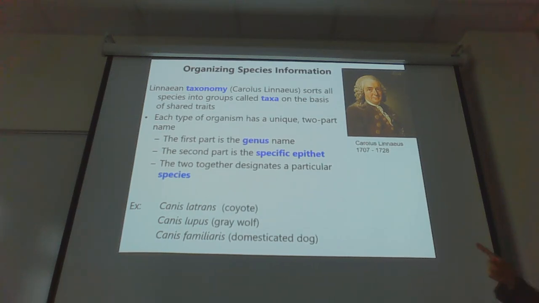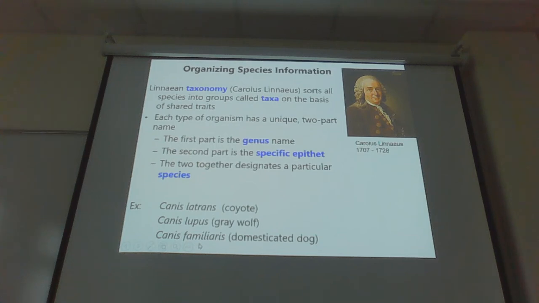They say Canis latrans. That's the scientific name. They identify the very species. A gray wolf, Canis lupus. Domesticated dog, Canis familiaris. Familia, family, domesticated. You have your dog as part of your family, right?